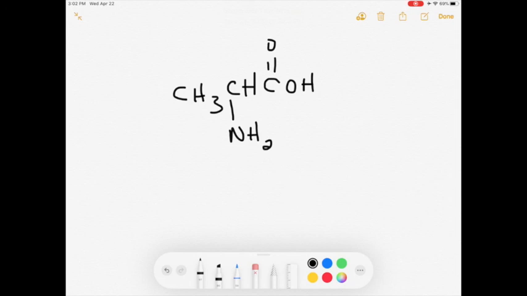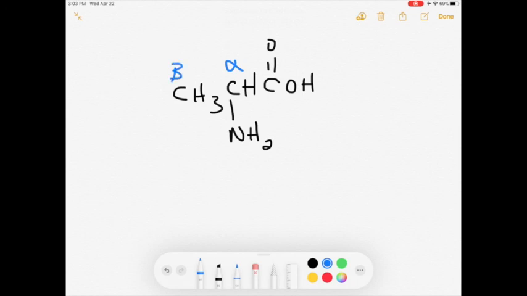Let me write this. The first carbon that's attached to the carbonyl carbon is going to be alpha and then beta.